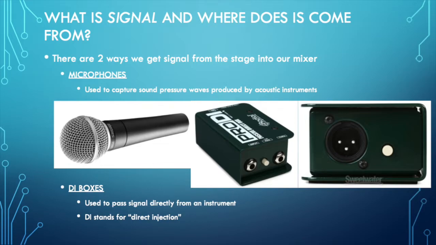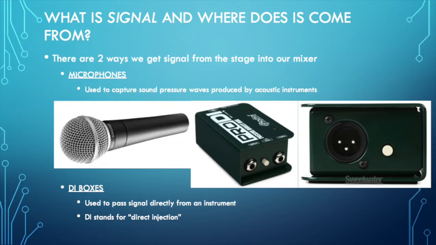The DI stands for direct injection, because you're basically directly injecting the signal from an instrument, rather than with a microphone, which is converting sound pressure waves into an electrical signal. So those are the two types of signal we're going to be capturing in a live performance.